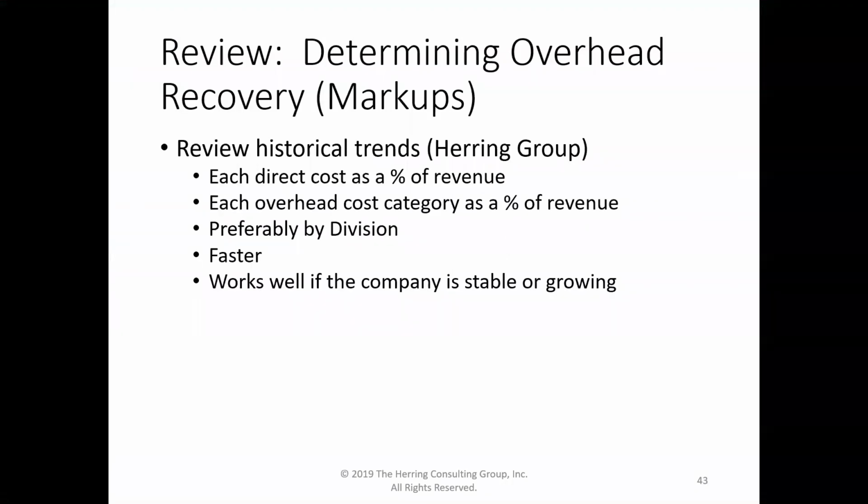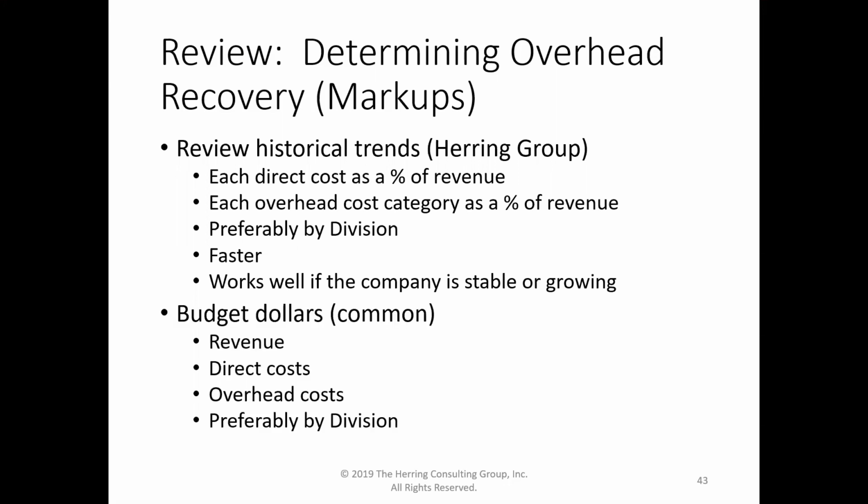So the first method was the one that we covered, where we look at expenses as a percentage of revenue, and we gave you a worksheet to make sure that the markups and the target net margins, that everything works out, okay? Kevin's going to review a second method that I'm calling the budget dollars method. It's a very typical method for calculating cost recovery, and I'm going to turn it over to Kevin and share a spreadsheet for him.